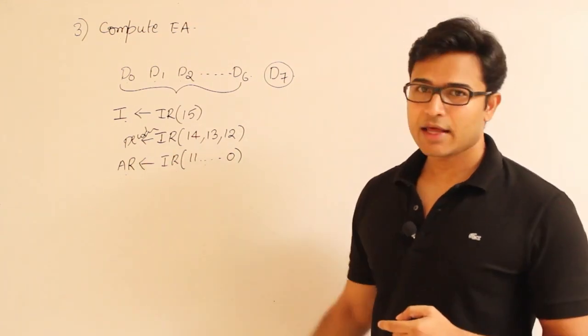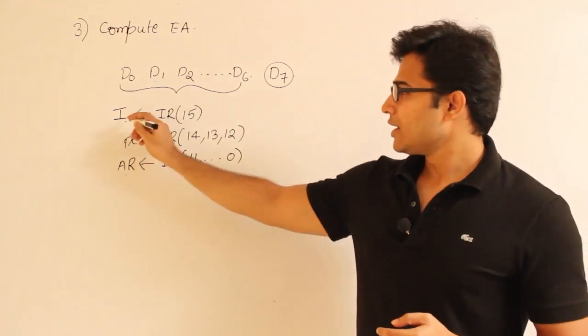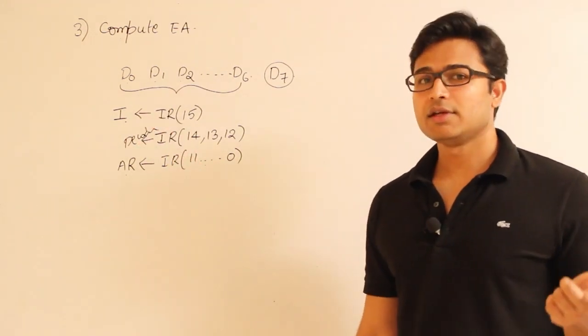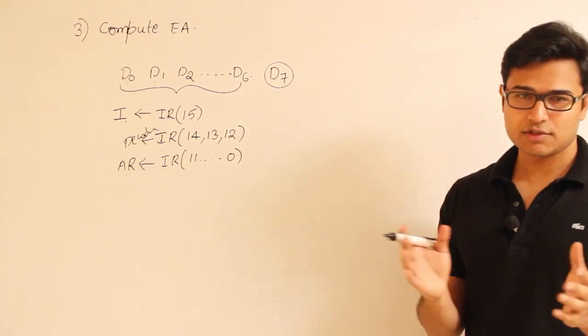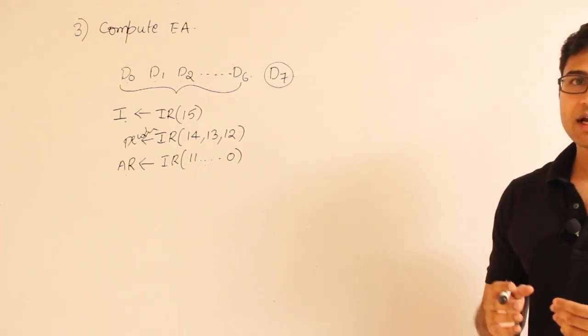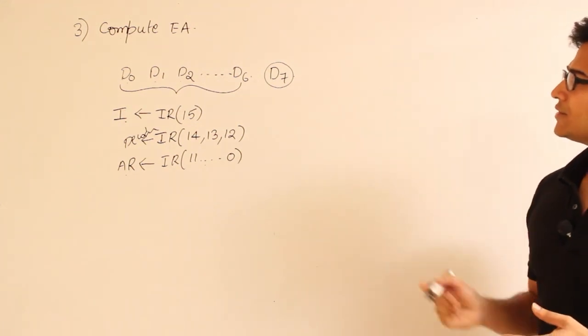In case it is an indirect address, which means I equals 1, the indirect address is provided. So how to identify all these cases, how to separate them out? Just use the conditions that you can see there.